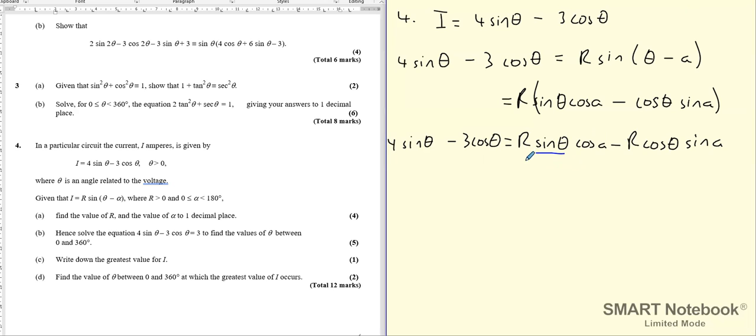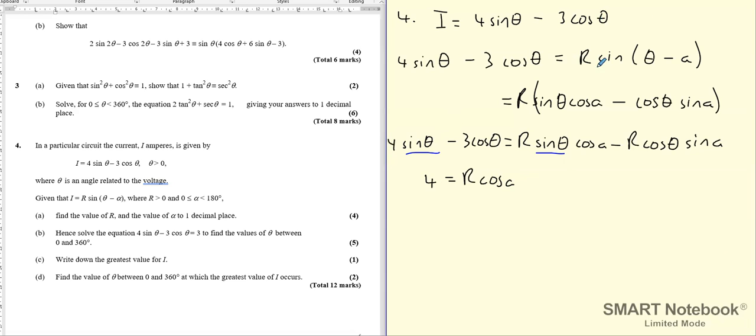And if we look at sine theta on the left hand side, sine theta has been multiplied by 4. So the coefficient of sine theta on the left hand side is 4. And when we equate coefficients, we get r cos alpha equals 4.